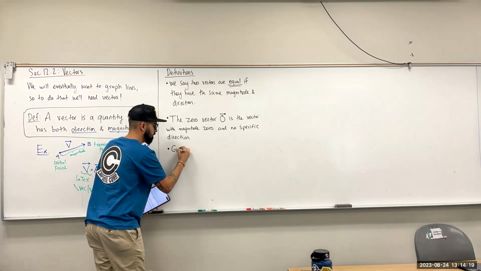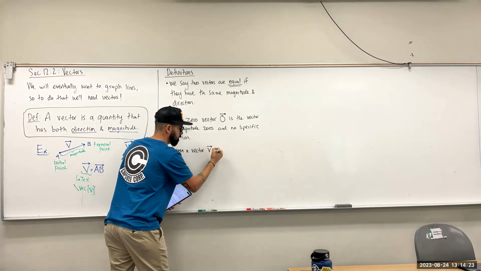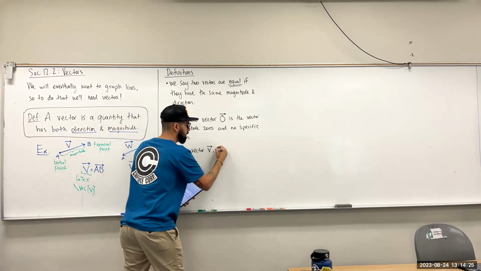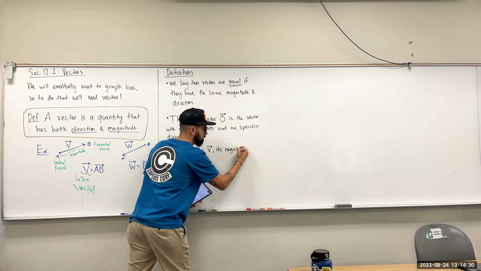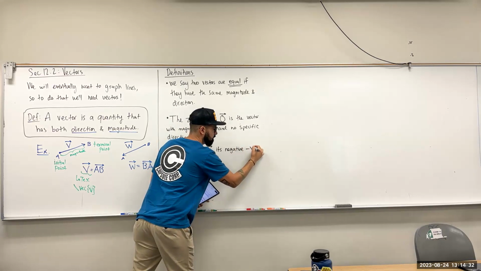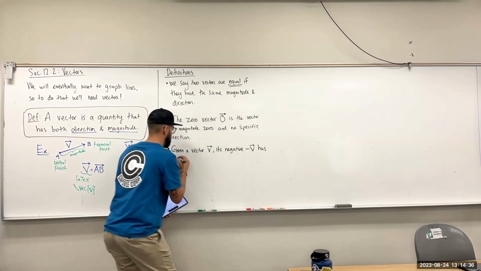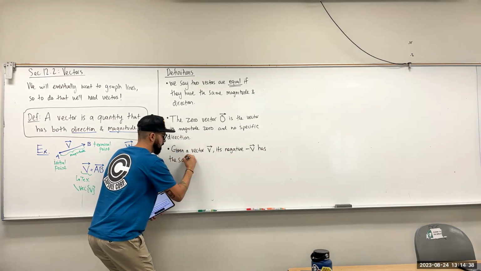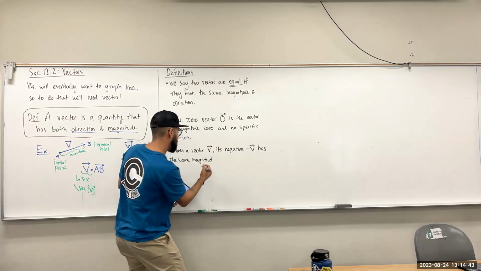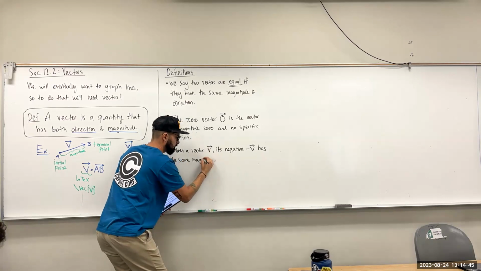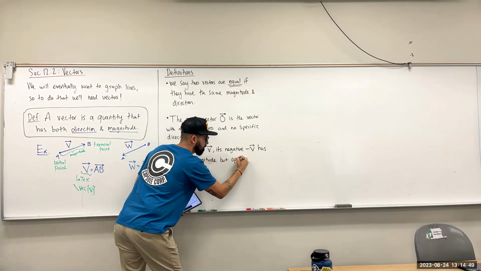Given a vector V, its negative, negative V, has the same magnitude but opposite direction.